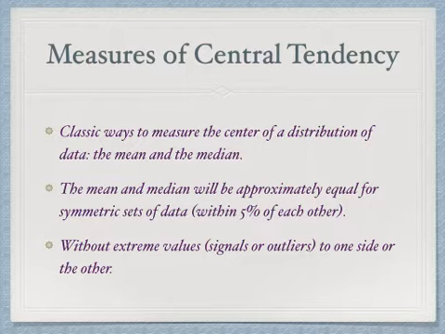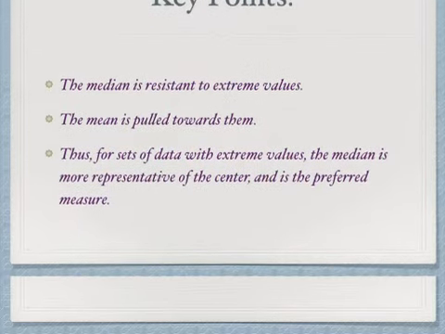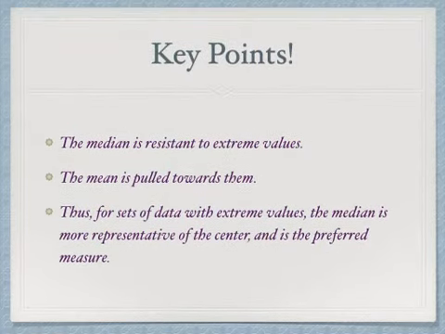To give you a brief example, if there was a business and most of the employees made between 20,000 and 40,000, and then you had your business manager make 120,000, the mean is going to be a little bit skewed.